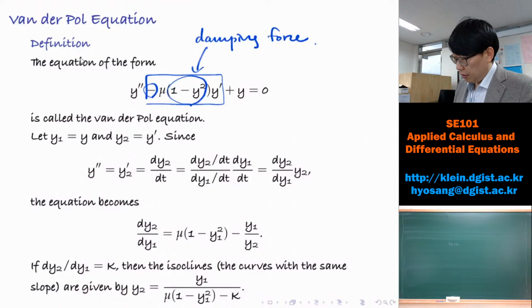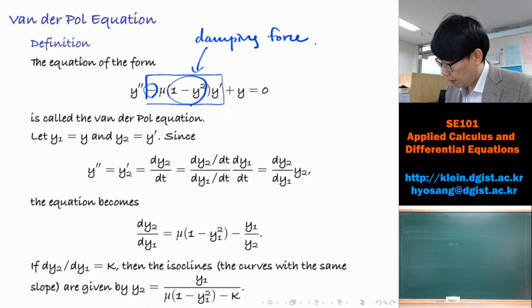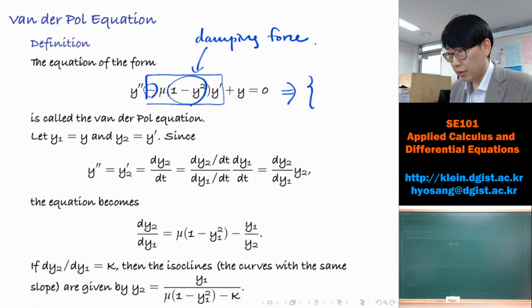So we are going to draw a numerical solution of this equation shortly by MATLAB. And let's review some of the aspects of this equation. Basically, you can solve this second order differential equation by a system of first order differential equations.